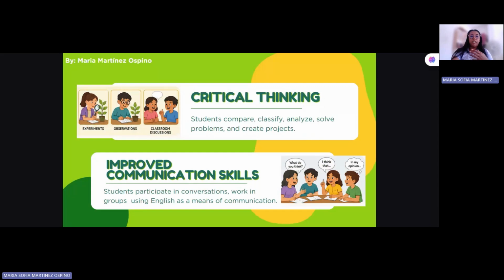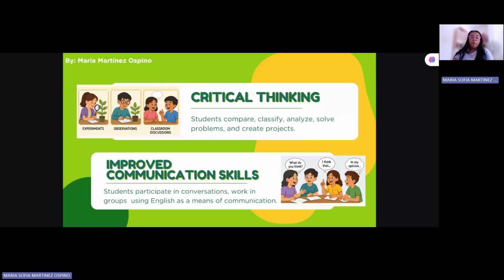In addition, CLIL develops critical thinking. Instead of repeating information, students in this method compare, classify, analyze, solve problems, and create projects. Another important benefit is that CLIL promotes collaboration.